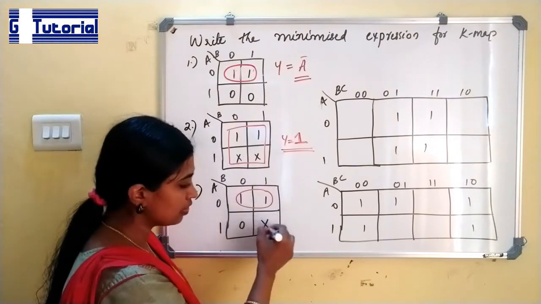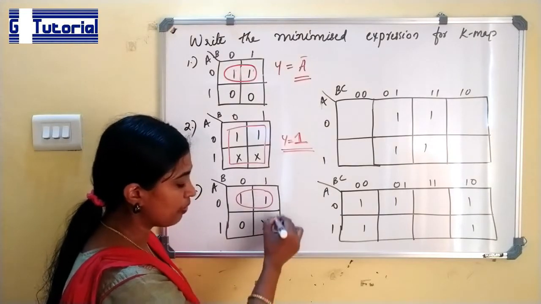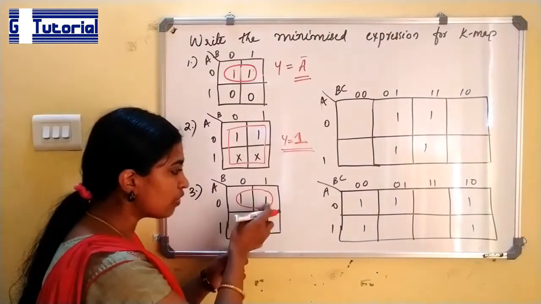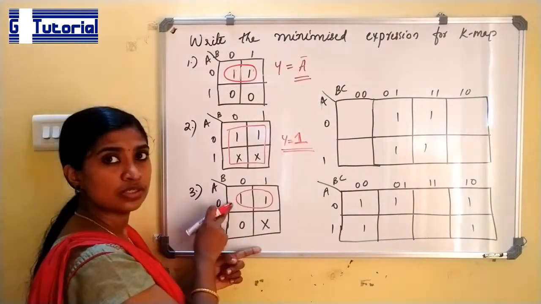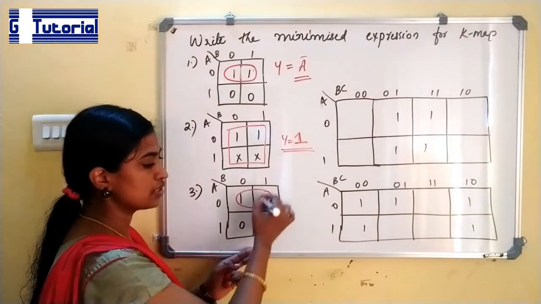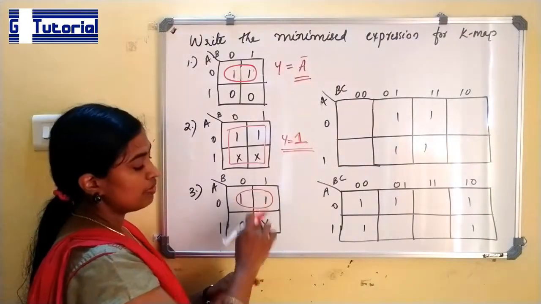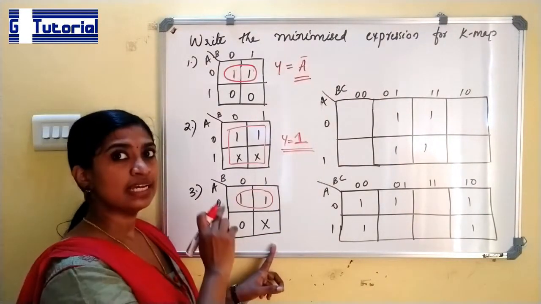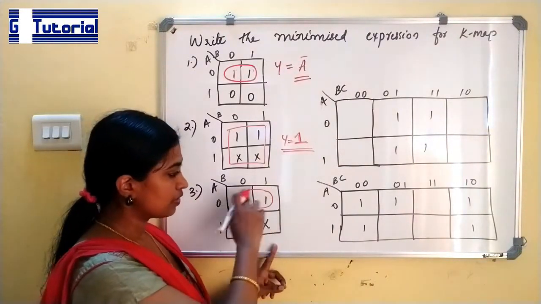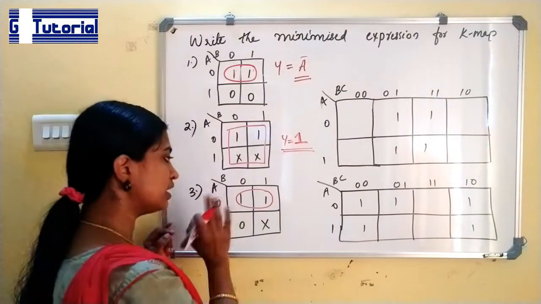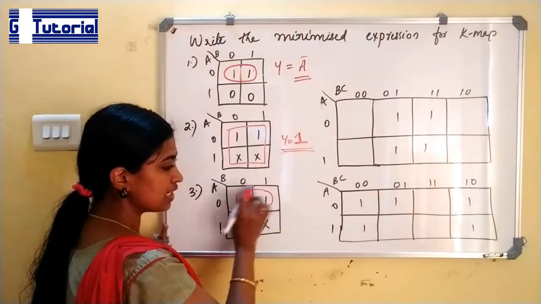You may think that you can also form a pair with 1 and don't care, but it is not necessary because this one already forms a pair with this. These are prime implicants, we will see about that later. It is only necessary to consider this pair.